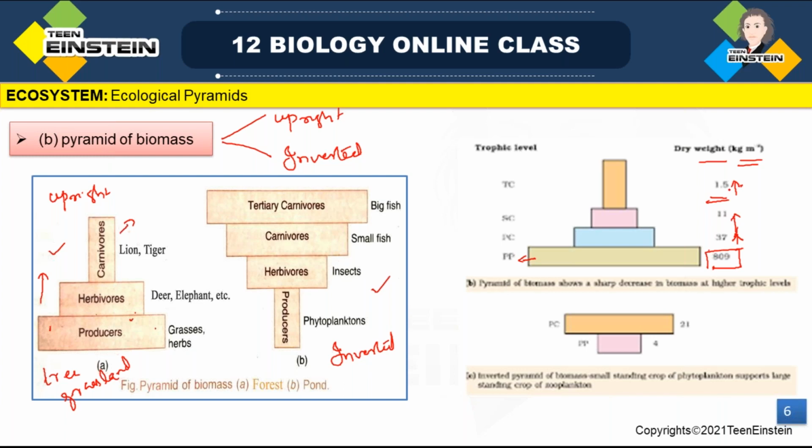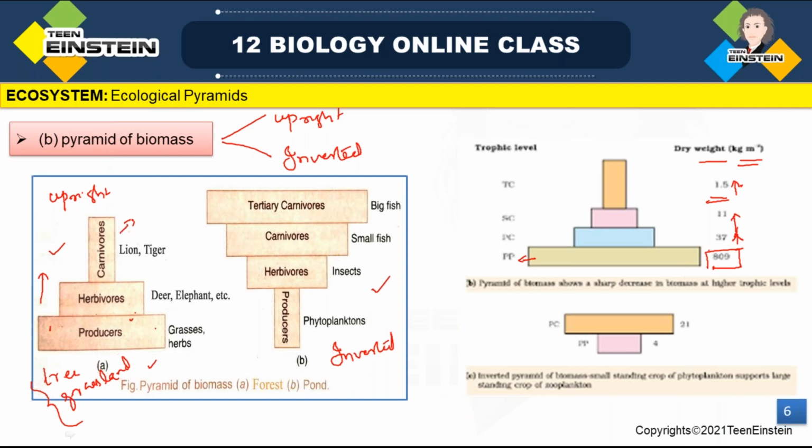So for this we are giving examples like tree and grassland ecosystems. For the pyramid of biomass, the upright one is found in the tree and grassland ecosystem. That's why we said in a terrestrial ecosystem, usually it is found upright. At a higher trophic level, here you can see there is a sharp decrease in biomass, right?